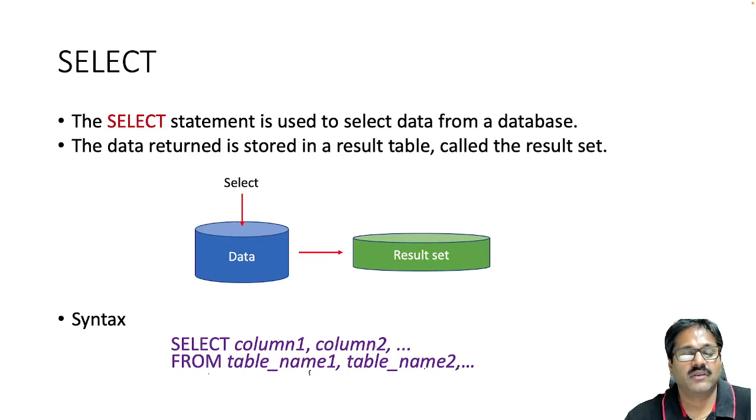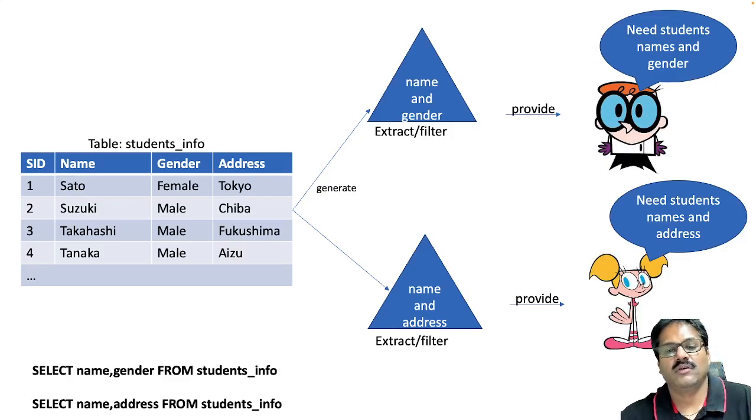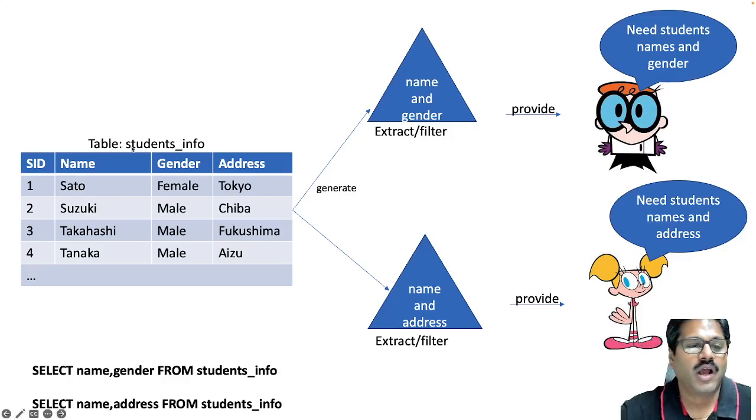So we can use this select query to select the necessary data. Here is the example. Assume I have a students info table with the following user information. Now assume there is one user who wants the names of students and their gender. From this table we need to find out student names and gender.